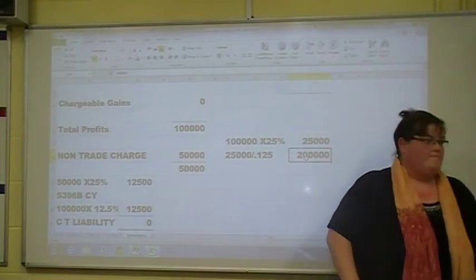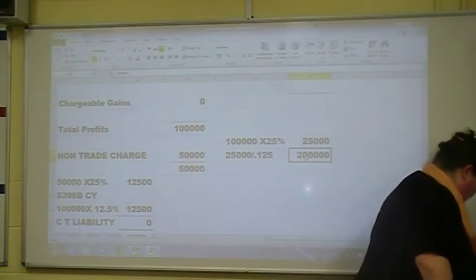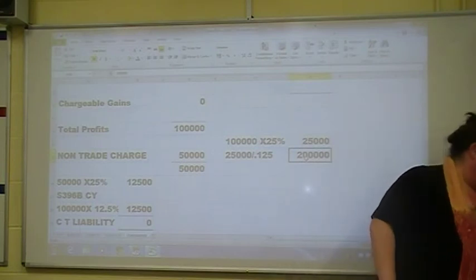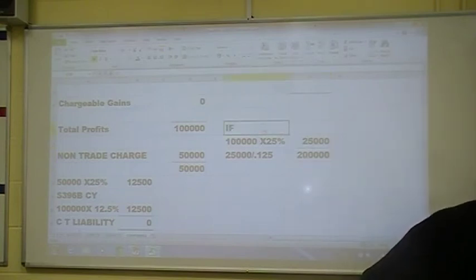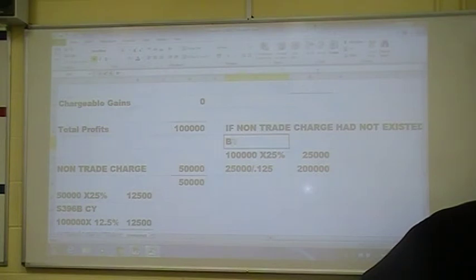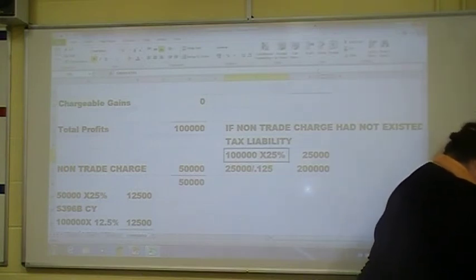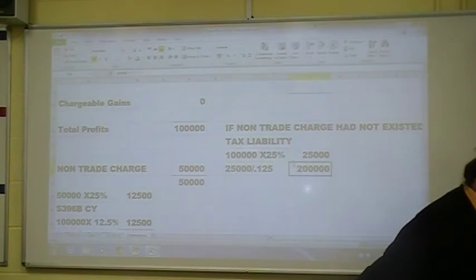If you were doing it, would you write it in the loss memo? Yeah, I'd write across it: if the non-trade charge had not existed, my tax liability would have been 25,000, and I would have taken 200,000 out of that loss.